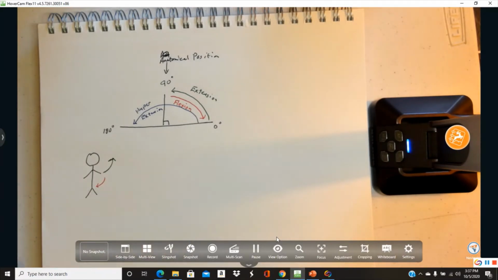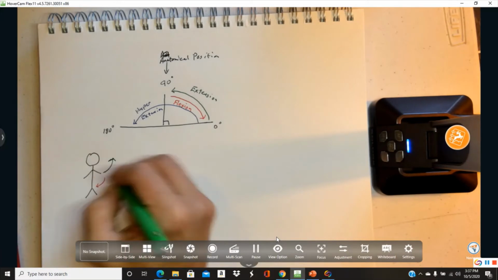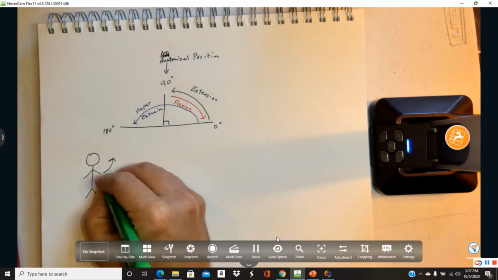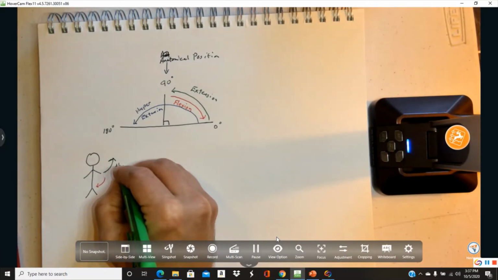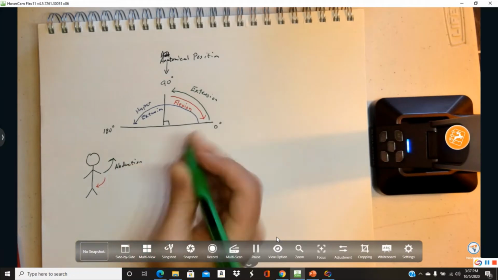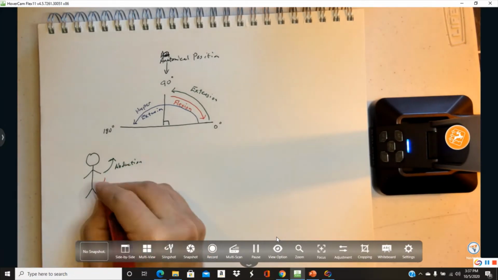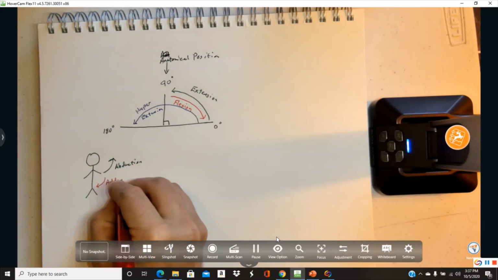You can lift your arms up or bring them back towards you. When you are taking them away from the midline, you are doing what is called abduction. When you are bringing them to the midline, you're doing what is called adduction.